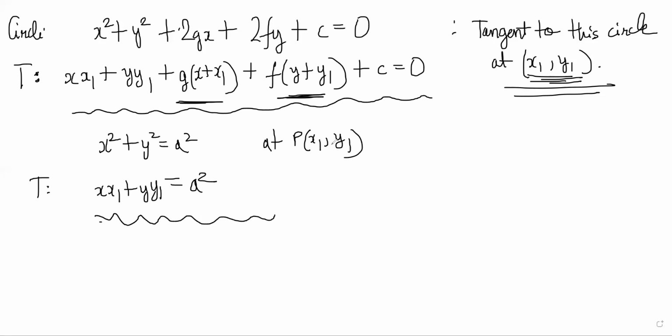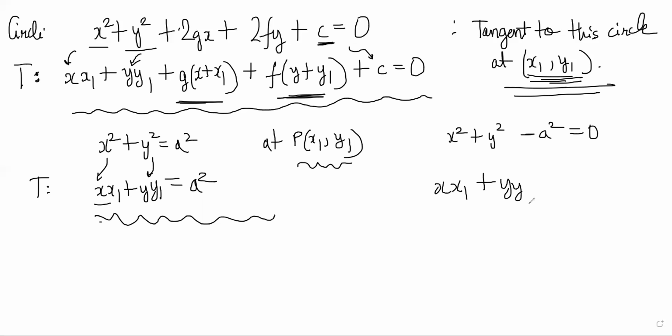Every time, at x1 y1, if you're taking a tangent, you're doing something to the circle equation, right? So see, x square is becoming x x1, y square is becoming y y1, and notice that the c constant was unchanged, right? And here also, x square is becoming x x1, y square is becoming y y1, and this can be written as a c constant on this side, minus a square. The equation of the tangent is this, where the constant has not been touched, right?